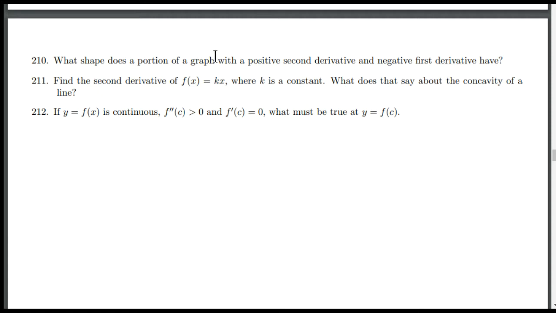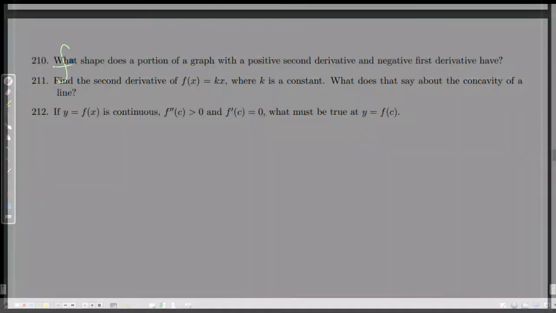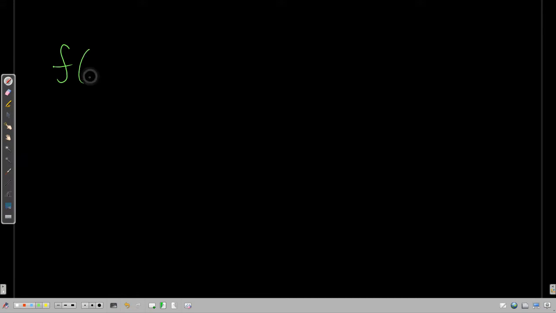So question 210, what shape does a portion of a graph with a positive second derivative and negative first derivative have? So what is the shape of the portion of a graph where the first derivative is negative and the second derivative is positive?